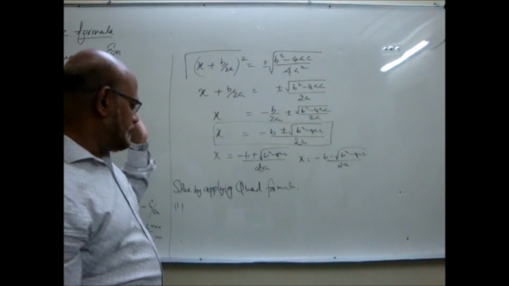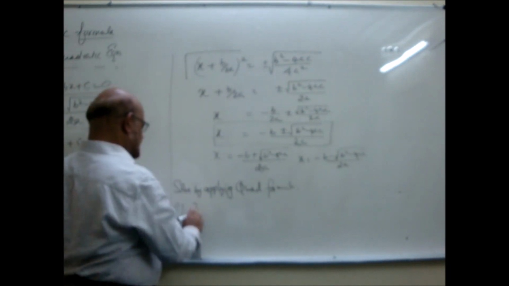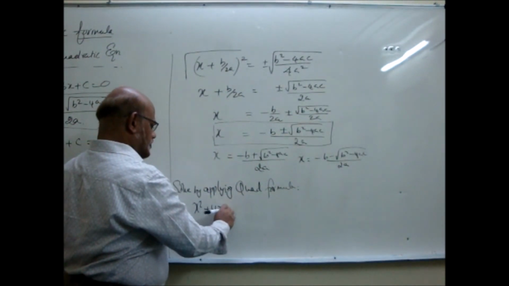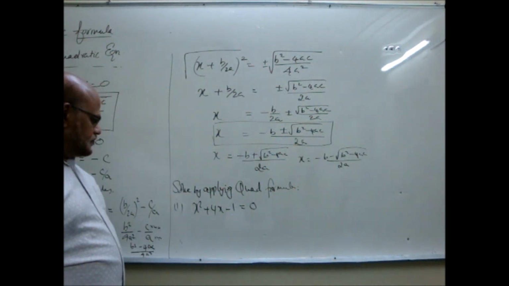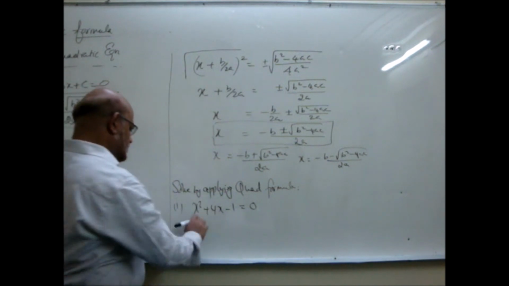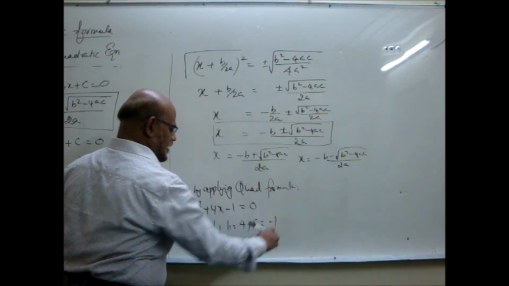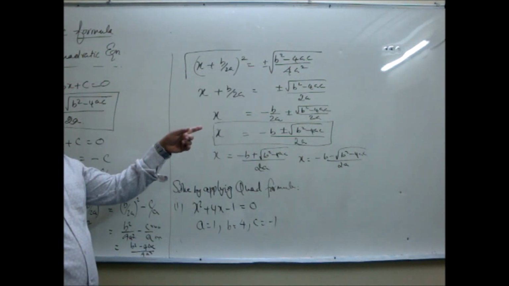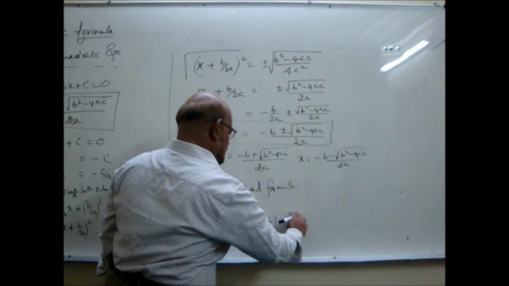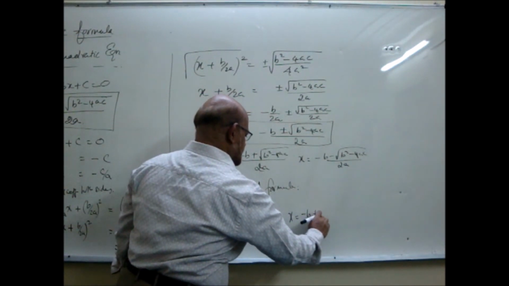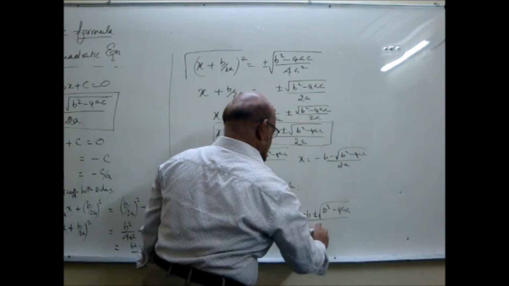I take the same question: x square plus 4x minus 1 is equal to 0. For this, what are a, b, c? I have to know: a is 1, b is 4, c is minus 1. Directly write the formula, substitute the values and simplify. That's it. So x is equal to minus b plus or minus root of b square minus 4ac by 2a.